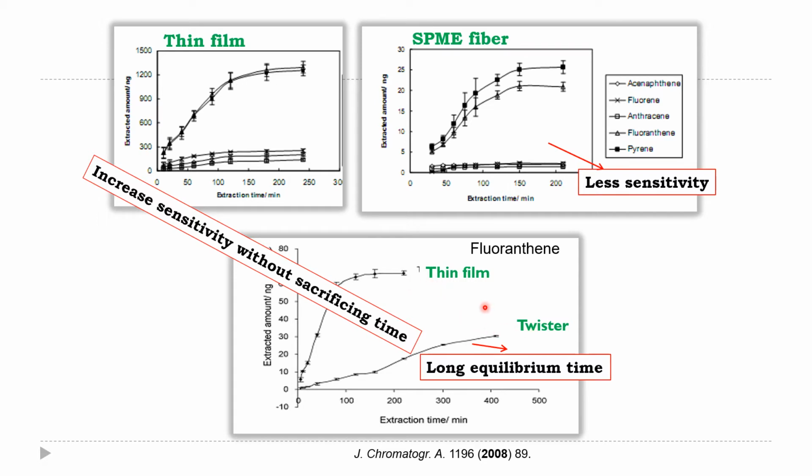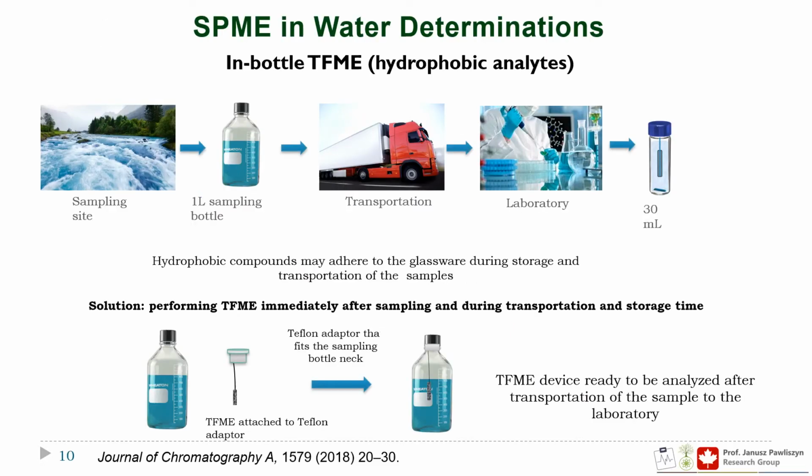Also with the Twister, there is a problem because you rotate it to move the water. So the relative velocity of the water at the Twister is lower compared to thin film, where you use, for example, vortex agitation. That creates a higher boundary layer, causing longer equilibration times.